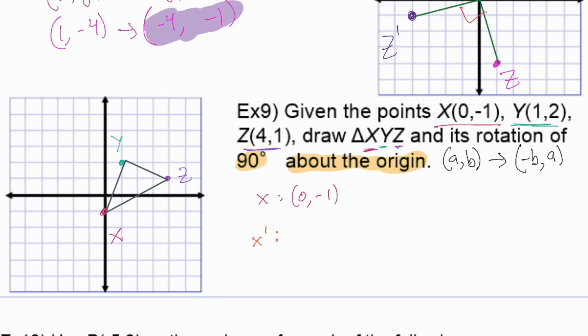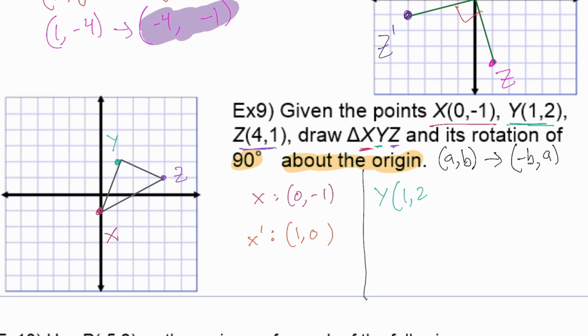Well, I'm going to take the two and swap their positions. And then, because my Y value was negative here, it's going to become positive. So it's going to be at 1, 0. Y is at 1, 2.